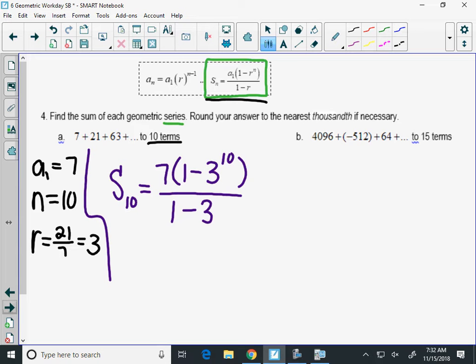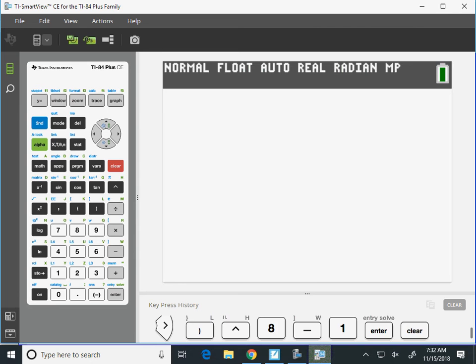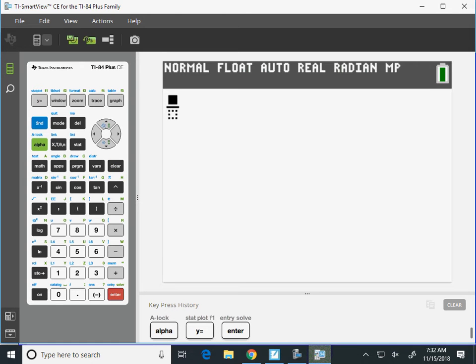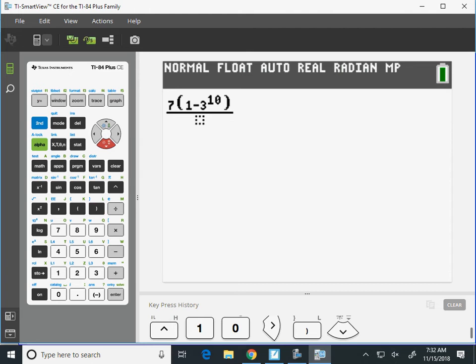Now all you have to do is carefully type that exact expression into your calculator. I like to make this into a fraction if you have that ability on your calculator: 7 parentheses, 1 minus 3 to the 10th, and make sure your parentheses enclose the entire numerator. And then the denominator is 1 minus 3.